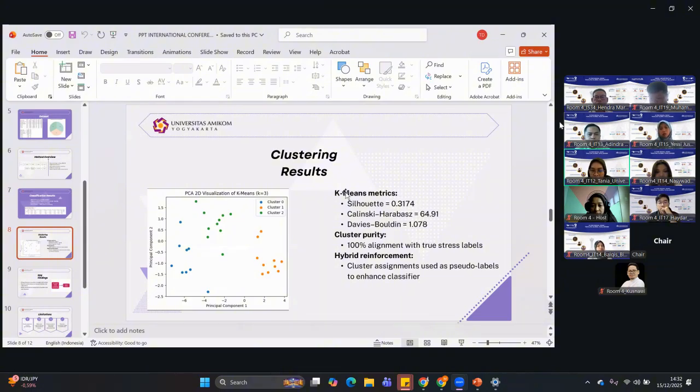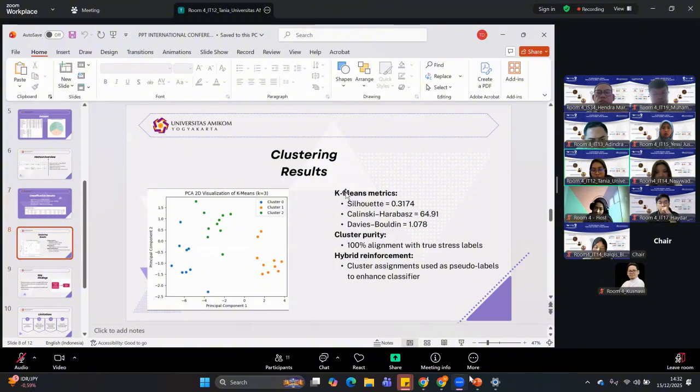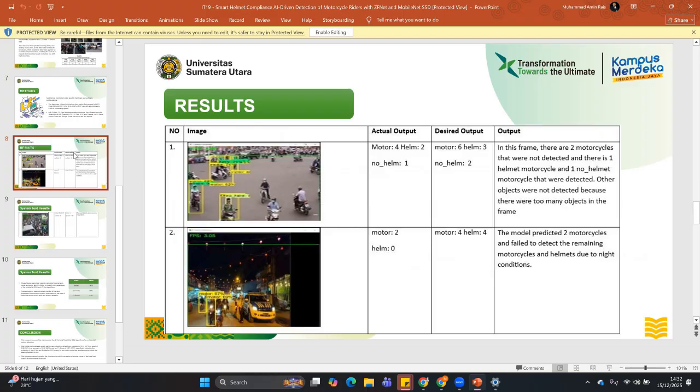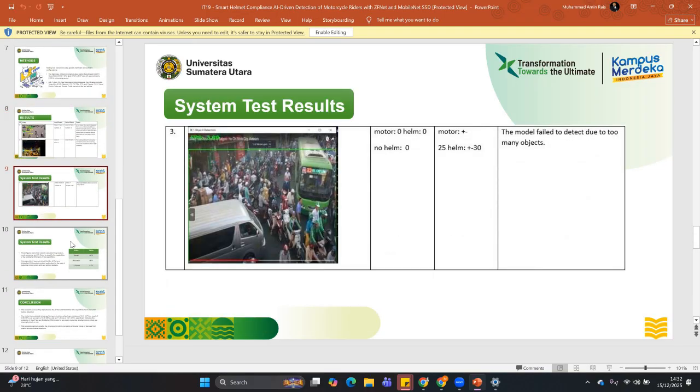Interestingly, the clusters matched the actual stress levels with 100% purity, and the cluster assignments were then used as pseudo labels to reinforce the classifier.